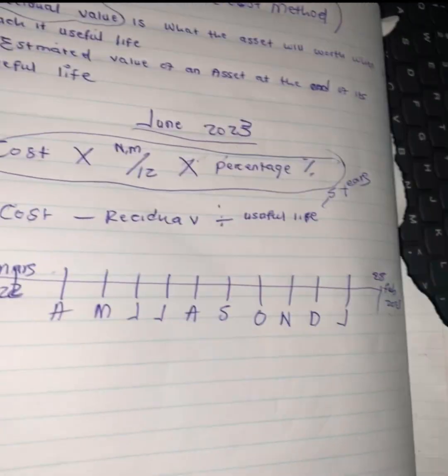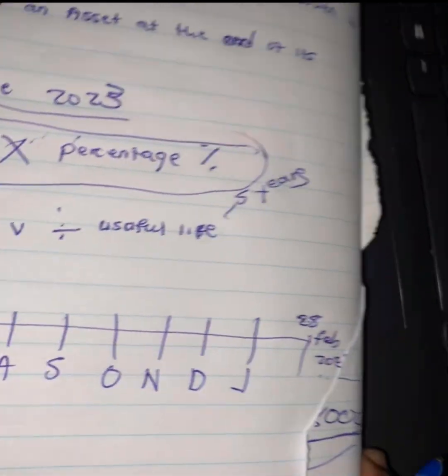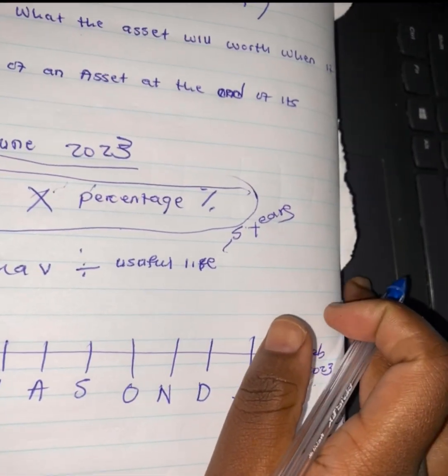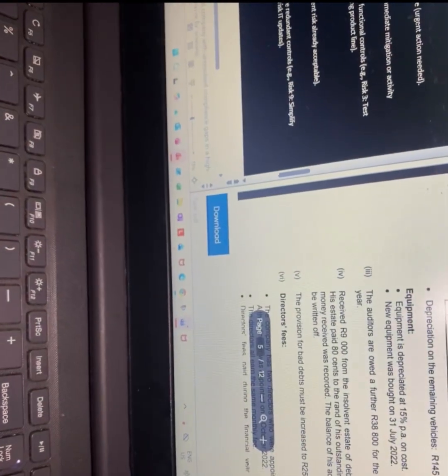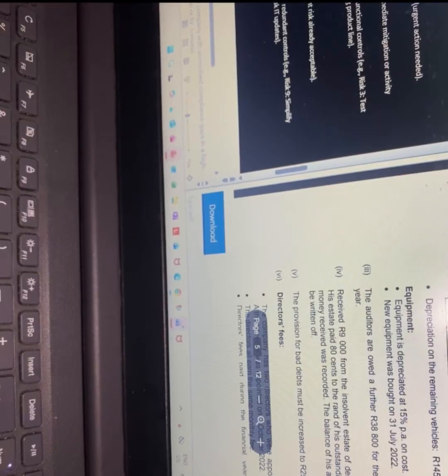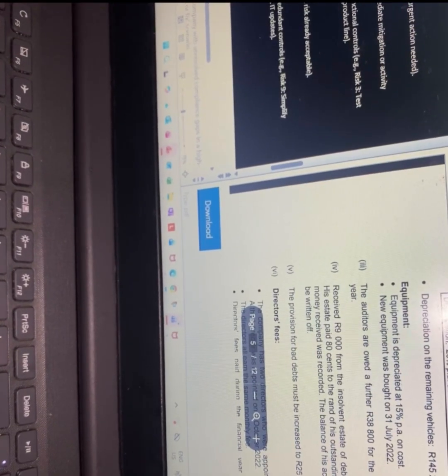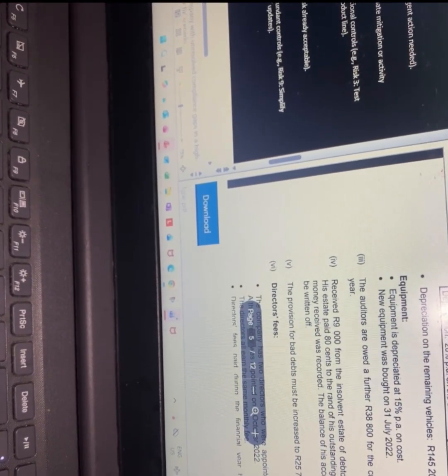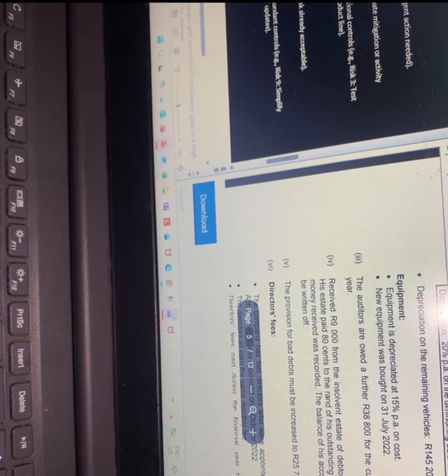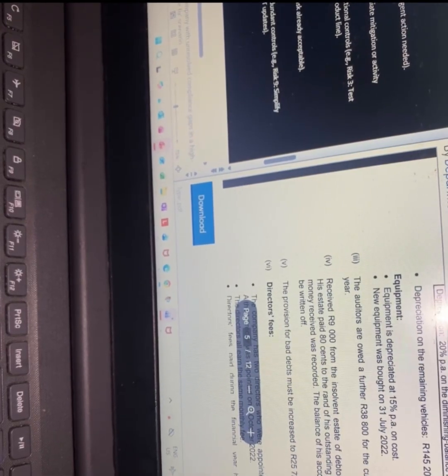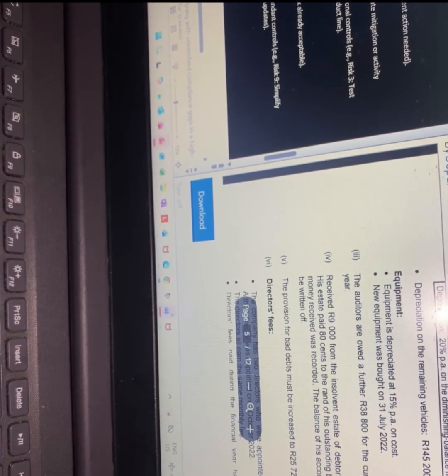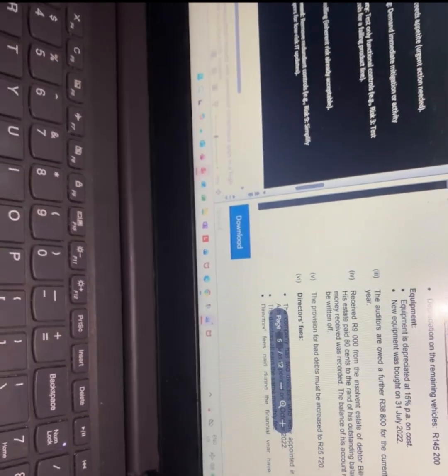They say let's calculate the depreciation for equipment, depreciated at 15% per annum, and we had a new equipment that was bought on the 31st of July 2022.